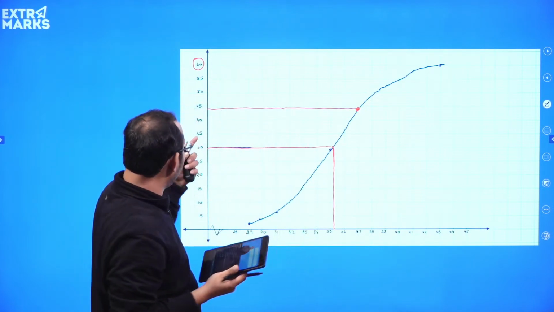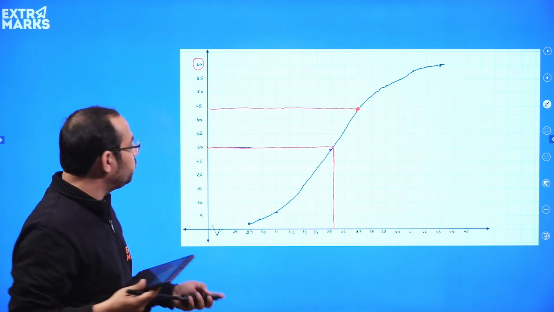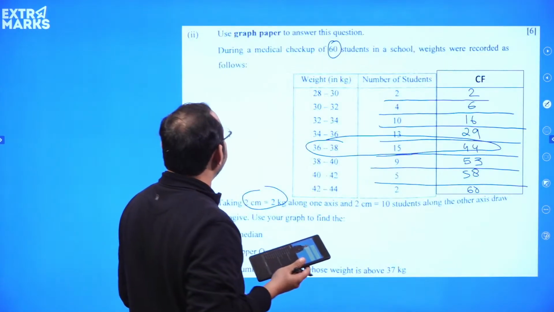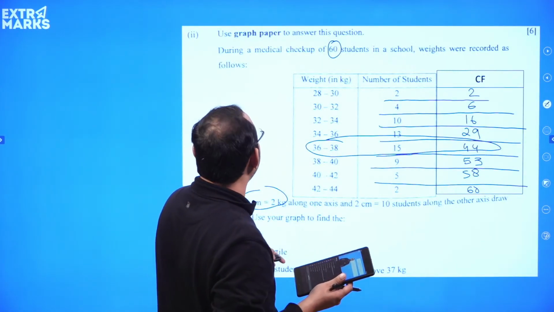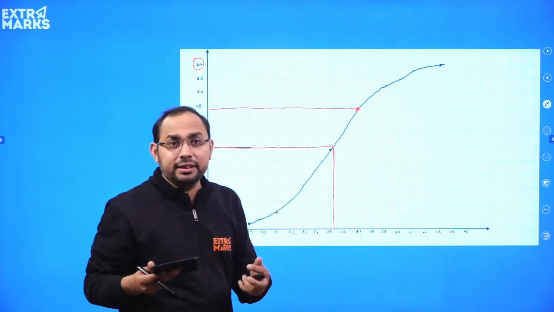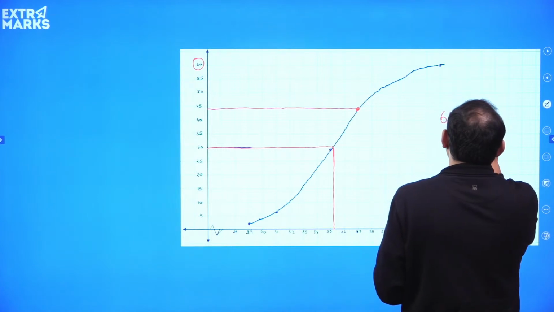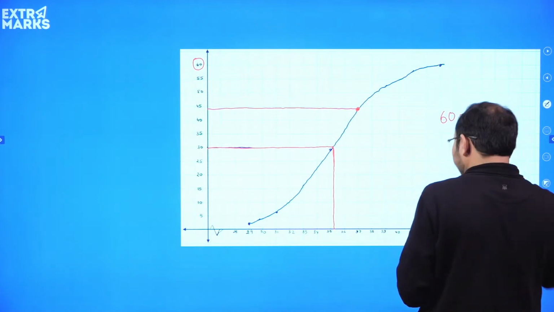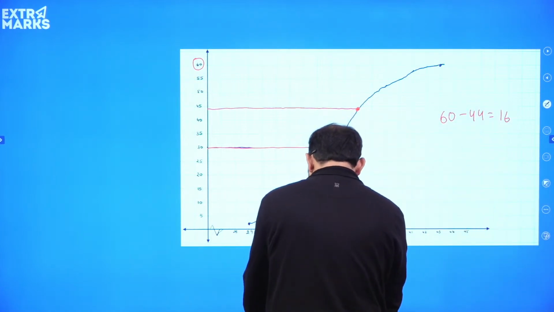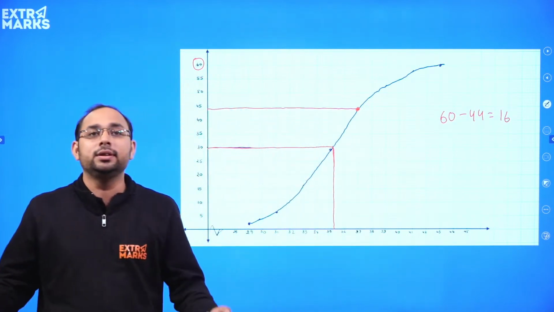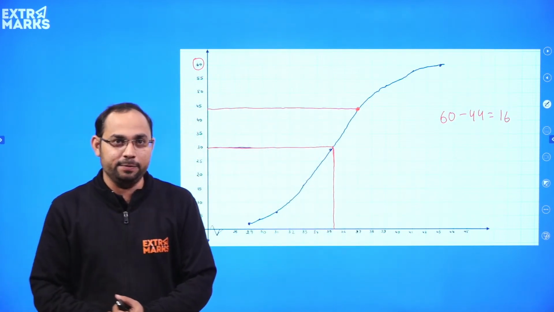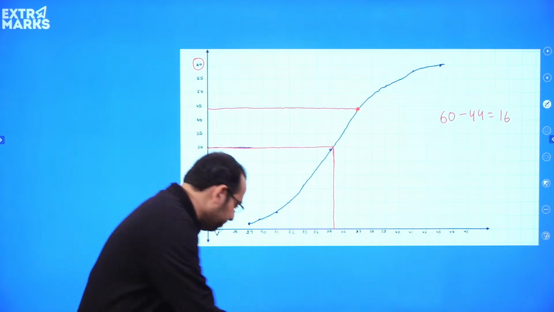Approximately you can say 44 students are having 37 kg weight or less. So above that would mean, out of total 60 students, 60 minus 44. Approximately 16 students are there who are having a weight of above 37 kg.